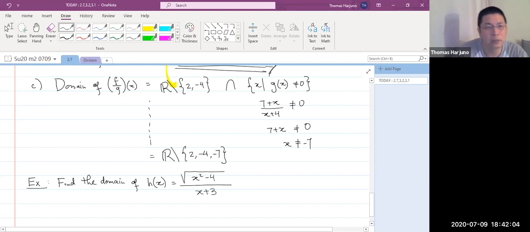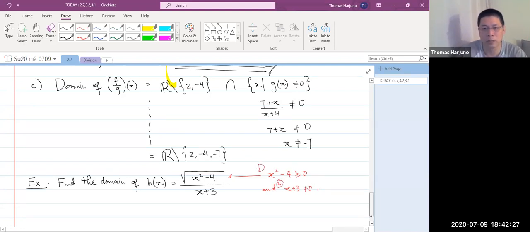You see that this function is actually the quotient of two smaller functions. The first one is the square root, which means x squared minus 4 has to be greater than or equal to 0, and at the same time, x plus 3 cannot be 0. There are two requirements here.